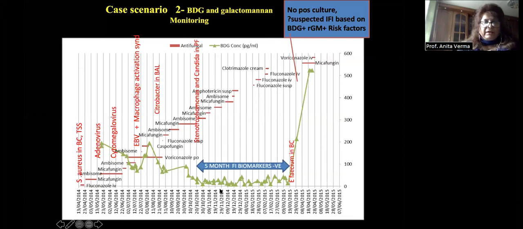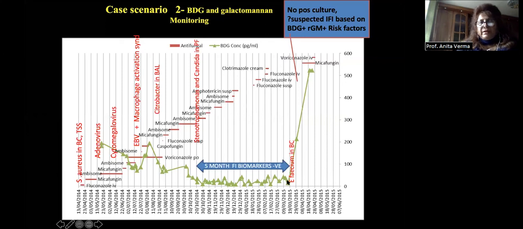He had antifungals for almost 5 to 6 months. And once his biomarker BDG became negative, he was off antifungal for almost 5 months, and we still kept him on fluconazole for his oral thrush.